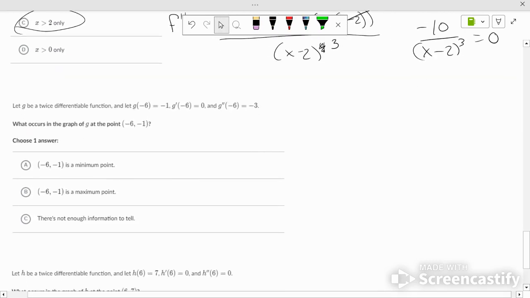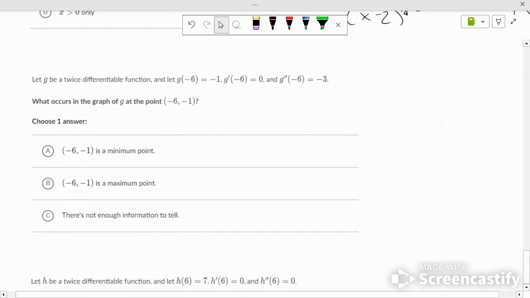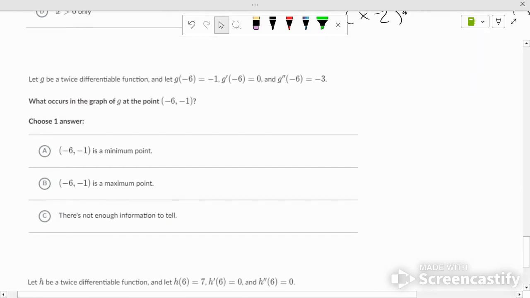Okay. This one, put your thinking hats on. At negative 6, the first derivative is 0. So this means at negative 6, it's a what? Critical number. Okay. At negative 6, the second derivative is negative 3.